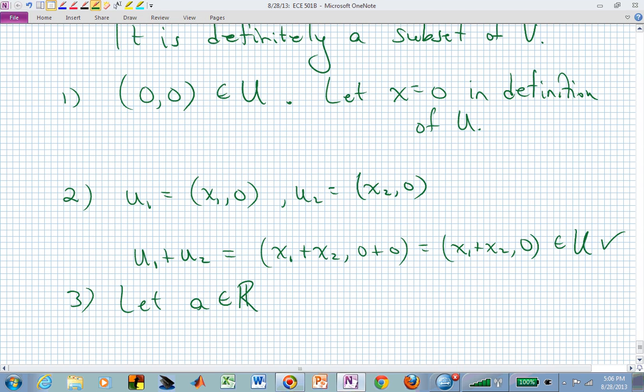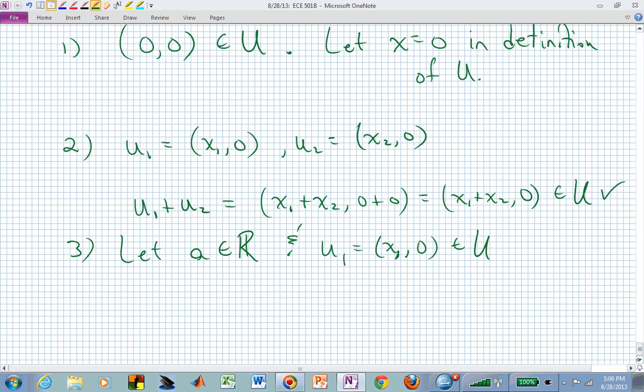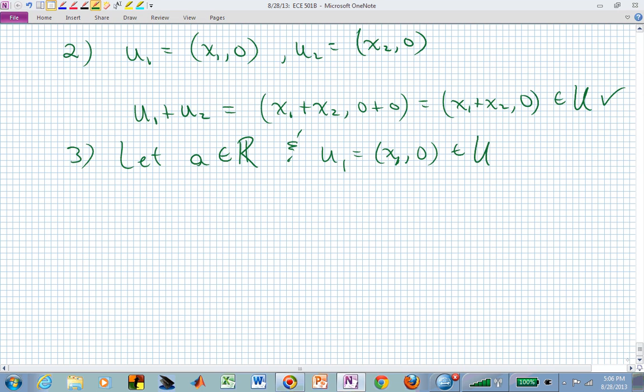If we're trying to find counterexamples, we may want to be very specific with how we select A, but now I think we can just leave it as A is some value on the real numbers. Let's say U1 is x1, 0, and that's obviously in our original subset.